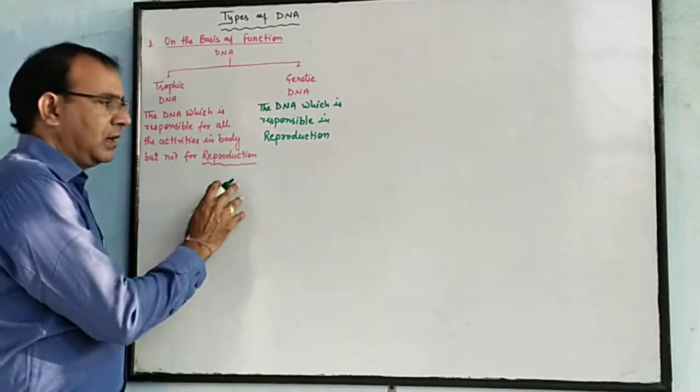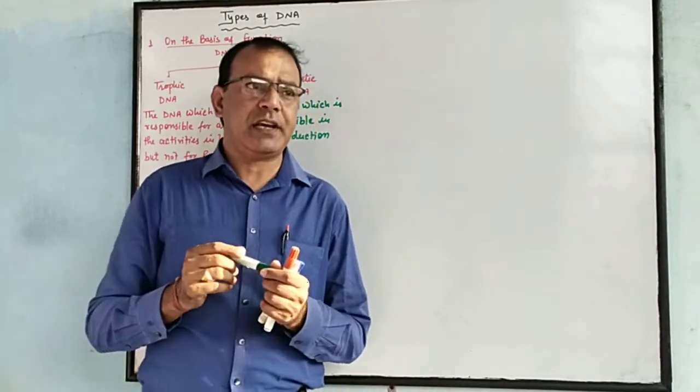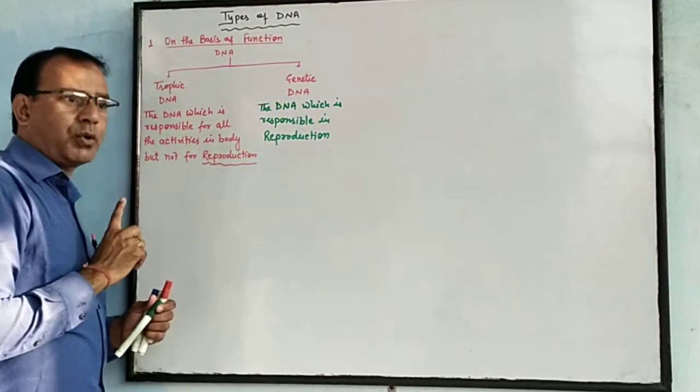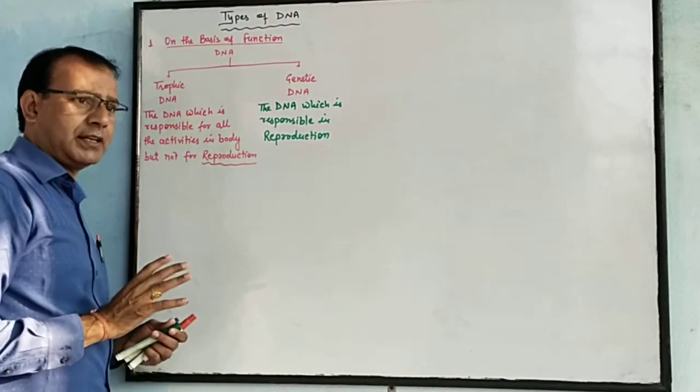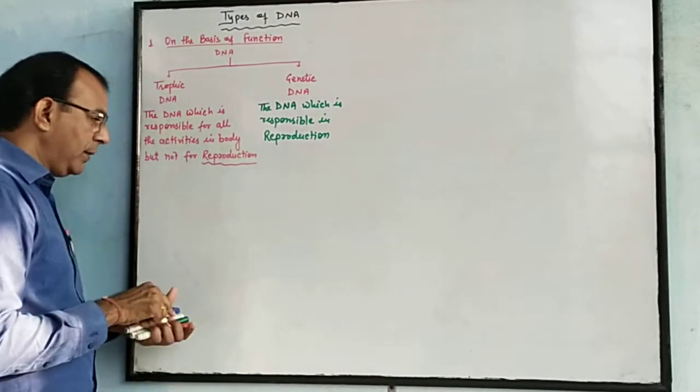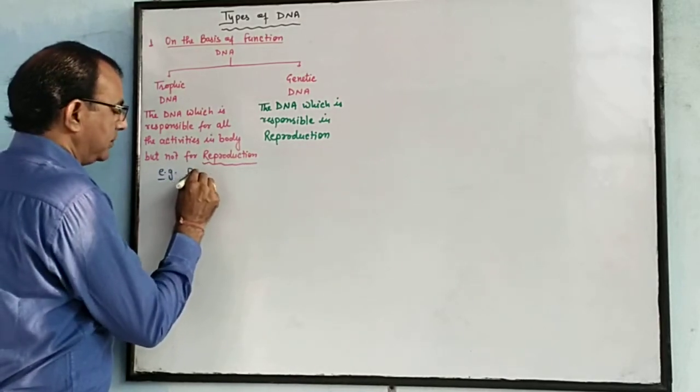This type of DNA is applicable not in higher organisms but in lower organisms, for example paramecium.